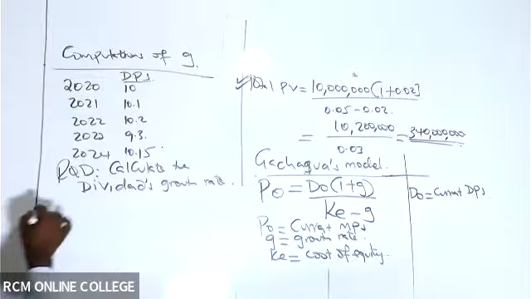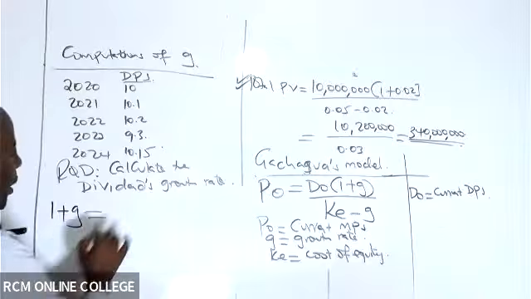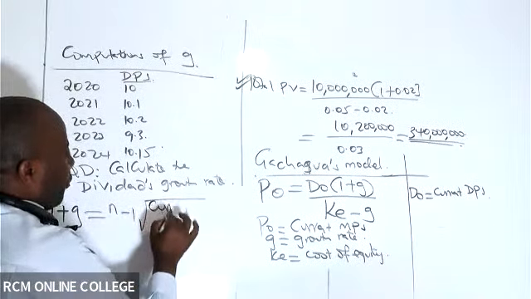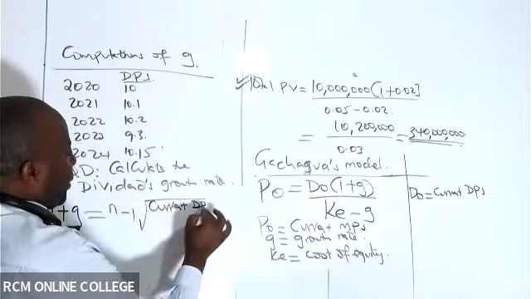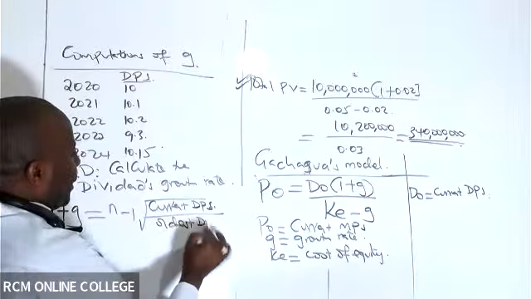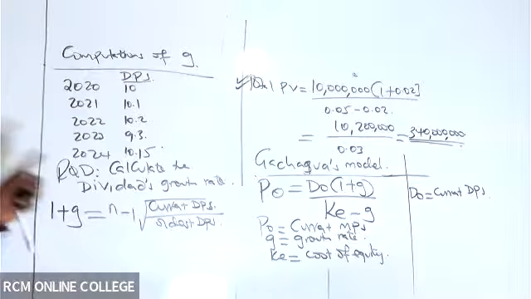What we shall do, we shall talk of 1 plus G equals the N minus 1 root of current DPS over oldest DPS. Please, DPS stands for dividends per share. You can write that in full somewhere.